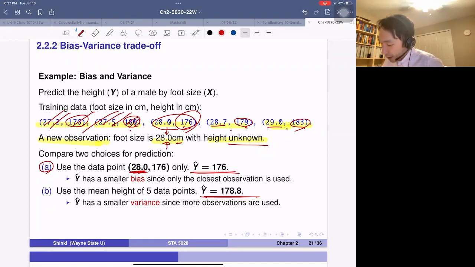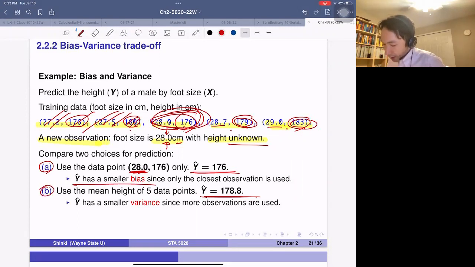Sorry, maybe I have to explain this another way. If we only use this person, we can avoid bias. So we should use only this one. So y hat has a smaller bias in this case.